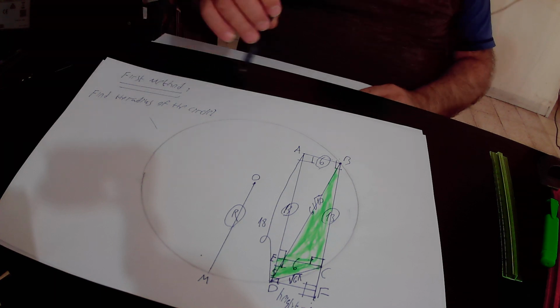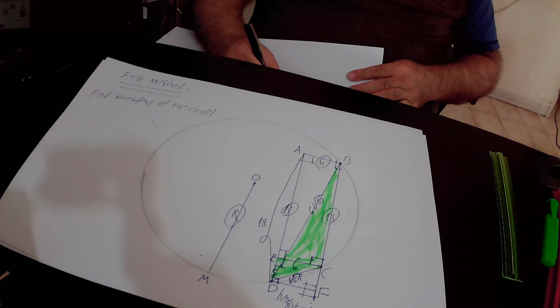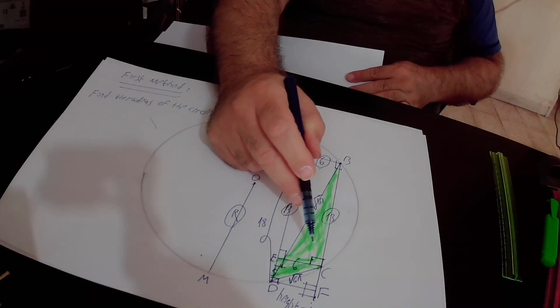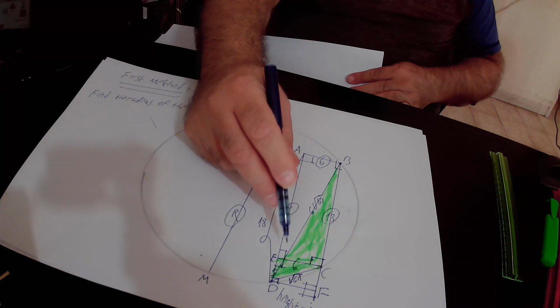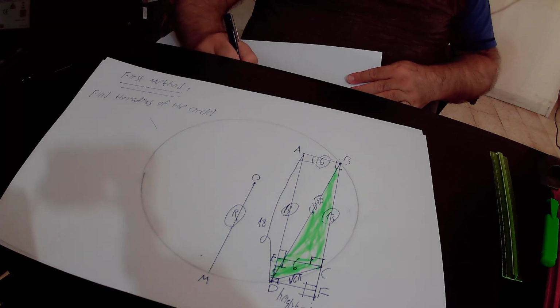That is to say, it is BC times CD or DC times BD over 4 times the area of the green triangle, triangle BDC.